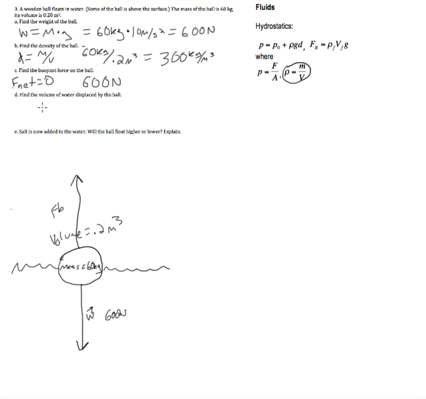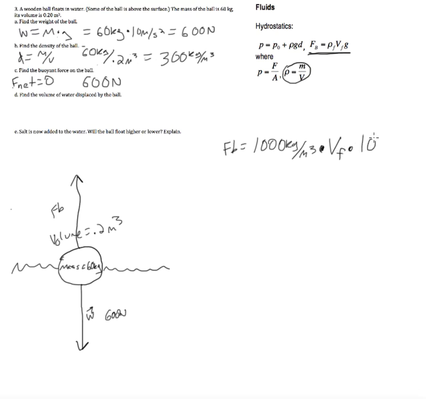Find the volume of water displaced by the ball. So now we want to look at this relation for buoyant force. FB equals rho sub F times V sub F times g. So rho sub F is the density of the fluid, which in this case is going to be 1,000 kilograms per meter cubed because we're working with water. So the volume of the fluid displaced is what we don't know.